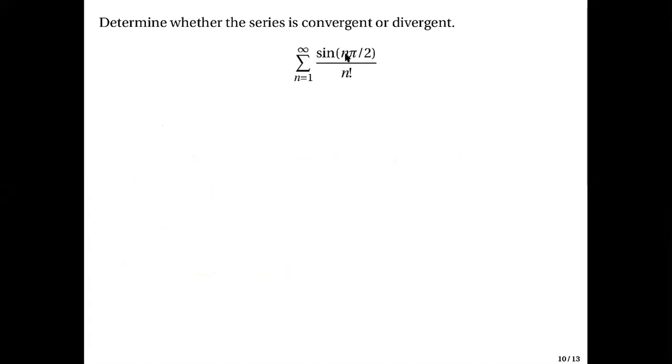When n equals 2, you have sine of 2 pi over 2, so that's sine pi, which is equal to 0. And then when n equals 3, you have sine of 3 pi over 2. That's negative 1.